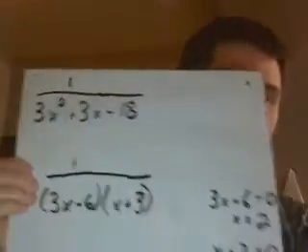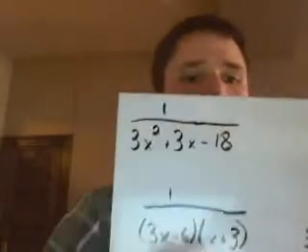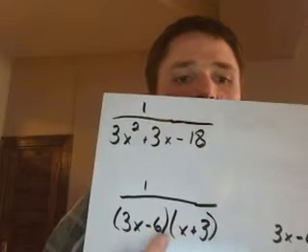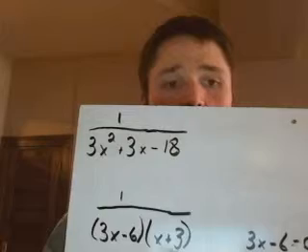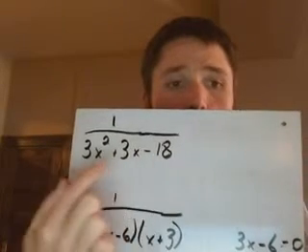So I can break this 3x squared plus 3x minus 18 into 2 parts: 1 over 3x minus 6 and x plus 3. If you were to FOIL this, you would get precisely what you want up here.